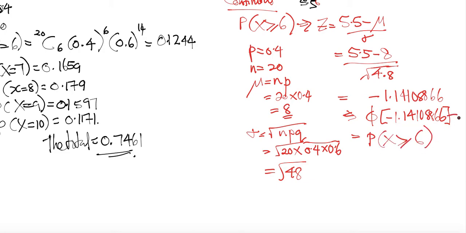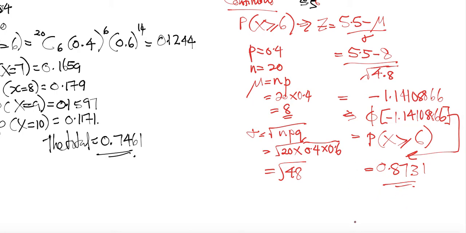I'm using MF19, where the area is to the left, so I have to subtract, and what I have here is 0.8731. So anything greater than or equal to 6 is 0.8731. That's the probability that I'm getting.